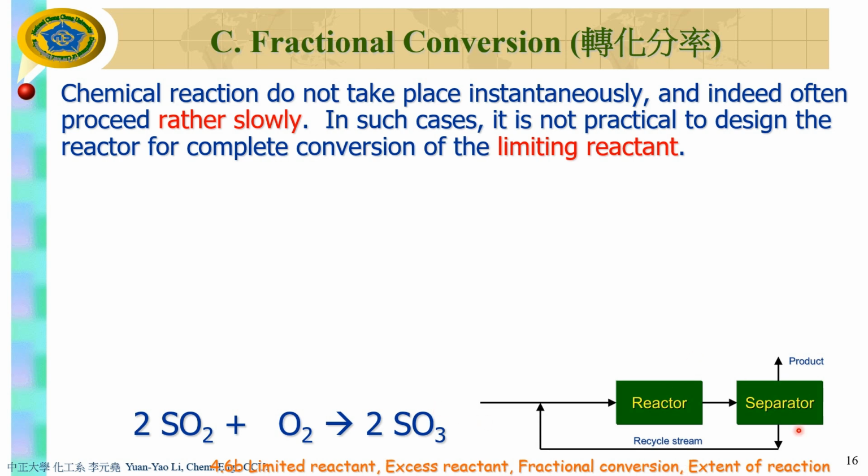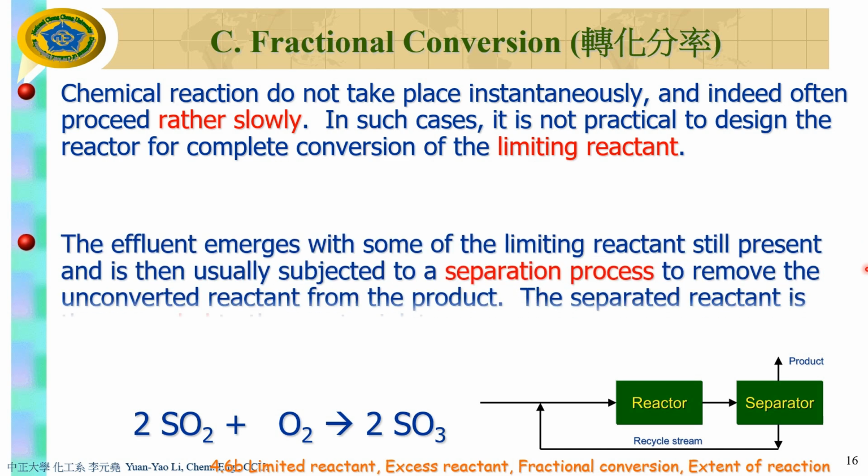So remember, you will have a separator once the chemical reaction isn't 100% complete, probably 80% already, and then you recycle the unused SO2 back to this reactor, for example. So in such a case, it's not practical to design reactors for complete conversion of the limited reactant, right?